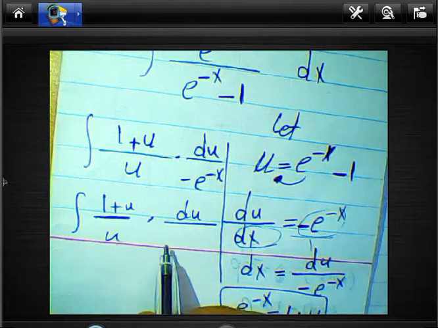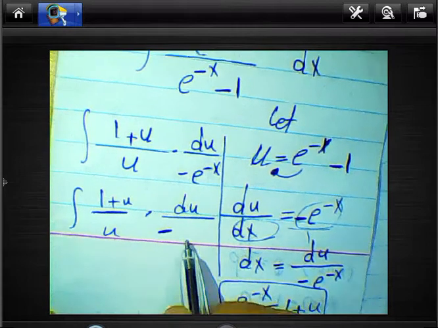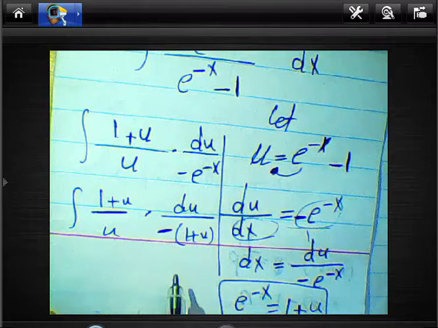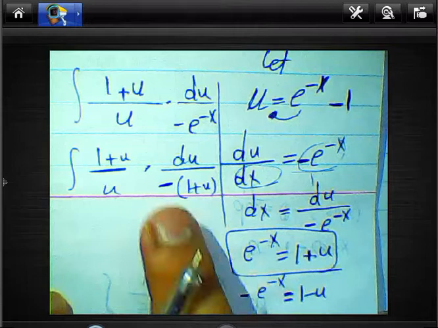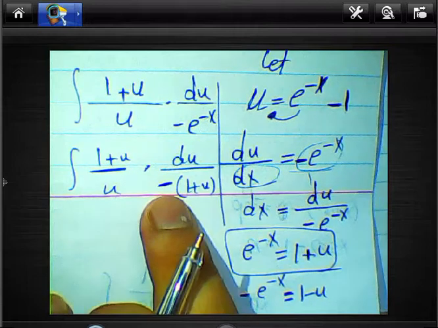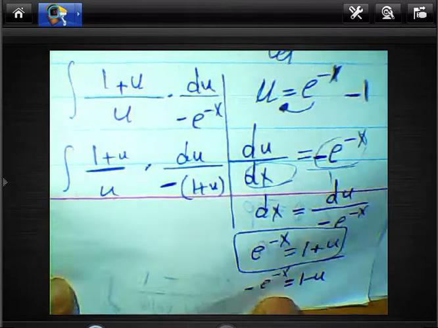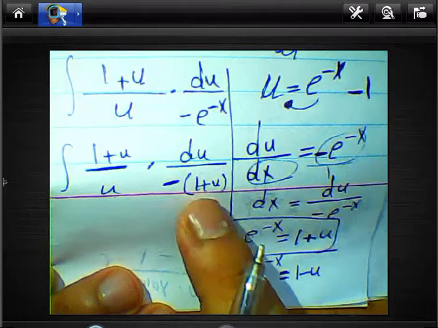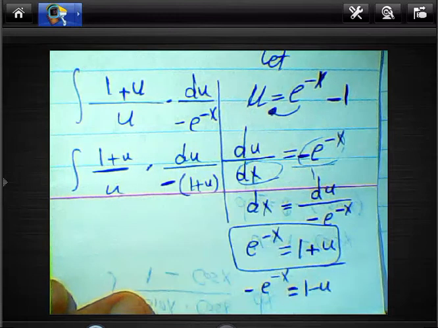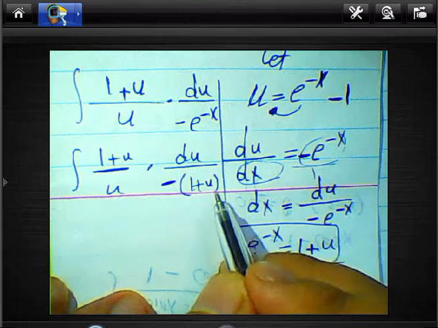We can write negative 1 plus u, right? A negative coefficient outside here. We want to find negative e power negative x, right? Negative outside, and we know e power negative x equal 1 plus u, and write negative outside. Okay, why do we do this step?